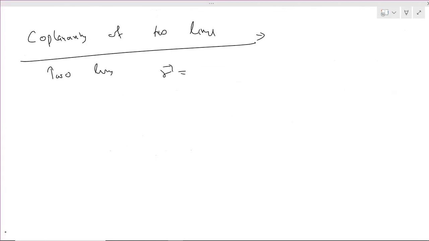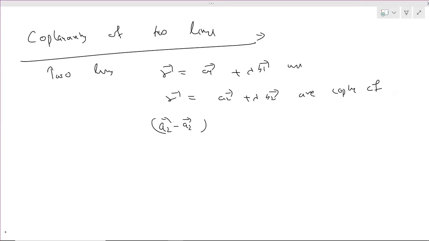Two lines, R vector equals A1 vector plus lambda B1 and R vector equals A2 plus lambda B2, are coplanar if A2 minus A1 dot B1 cross B2 equals 0.